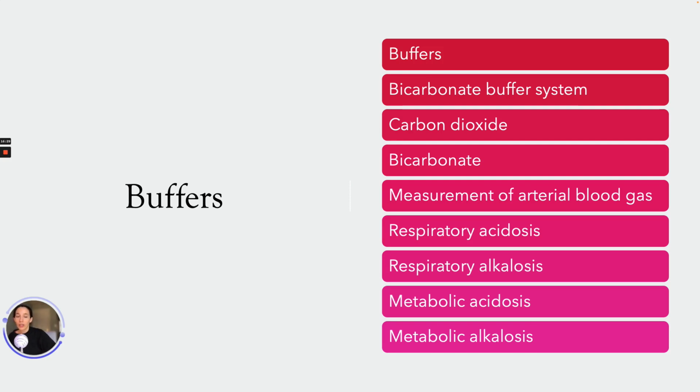Measurement of arterial gases, so the pH level and amounts of specific gases in the blood, indicate if there is more acid or base and their associated values. There is respiratory acidosis, which occurs when breathing is inadequate or the partial pressure of CO2 builds up.